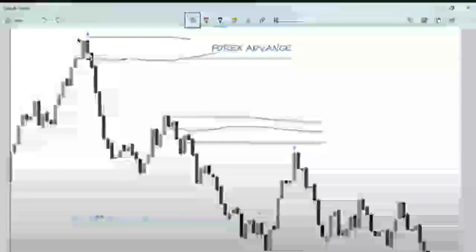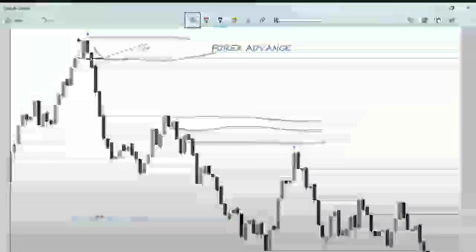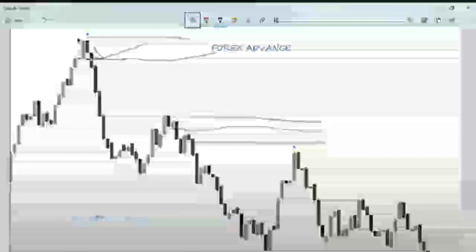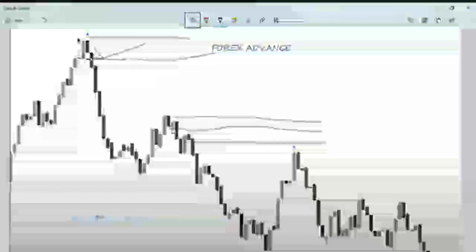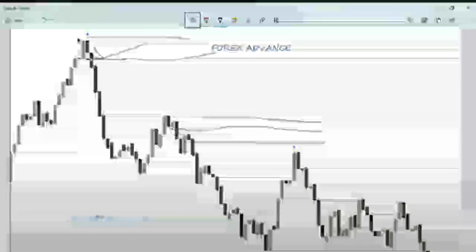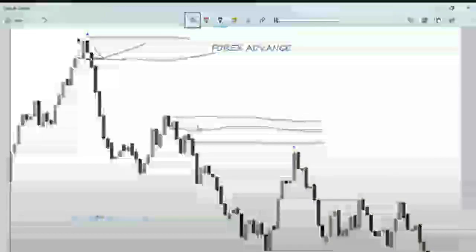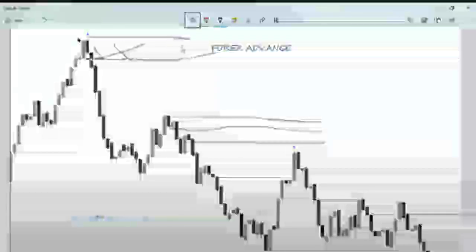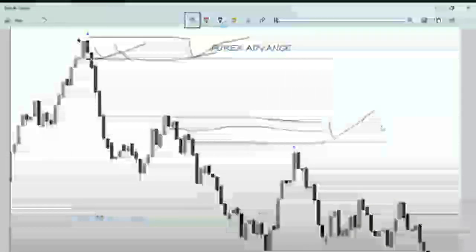As there is a very small imbalance in this specific area, there are very little chances of the market covering that imbalance. This specific imbalance has larger chances, because it has a larger gap, a larger imbalance compared to the first one. But this is also a valid order block. This is also our valid order block.